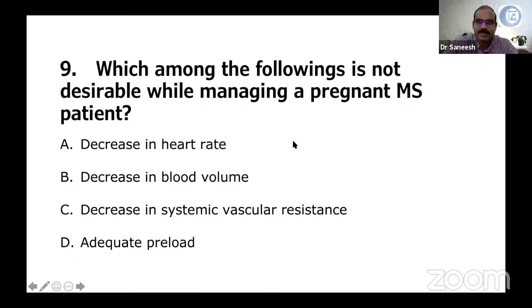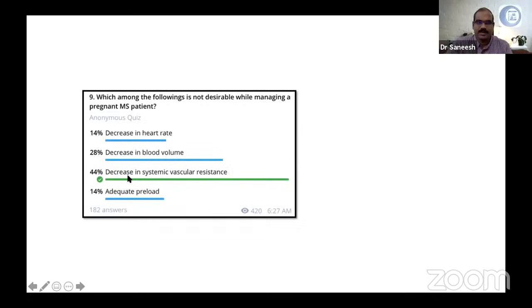The answering pace has improved, so I need not wait till 30-40 seconds. So 20 seconds, I'll wind up. So this is the response. 66% will go with option C. So majority has gone with the correct answer. So a decrease in systemic vascular resistance is not desirable. Even in the Telegram survey, 44% were hitting the right answer.